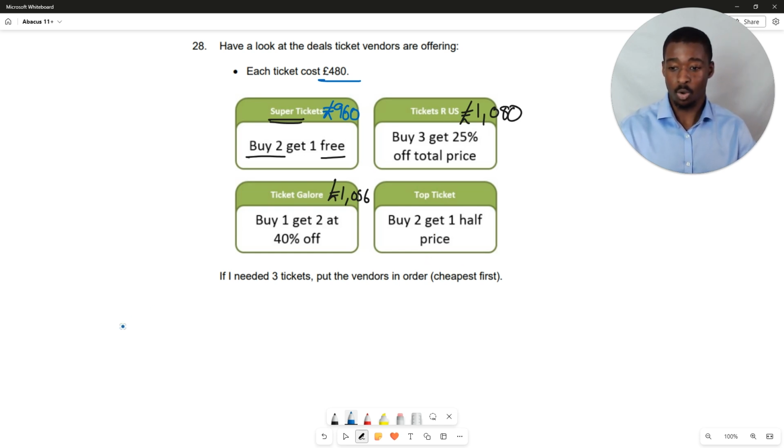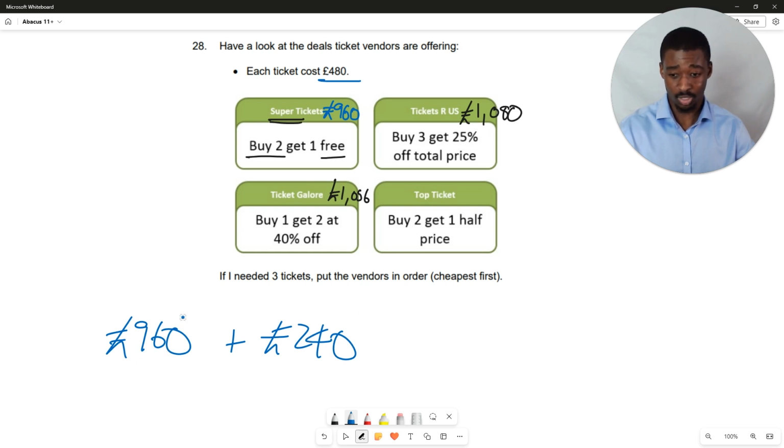So buy two, that will cost 960. Get one half price, which is 240. 960 plus 240. Well, it's going to be 1,100 if you do 900 plus 200. And then 60 and 40 is 100, so it's going to be 1,200. Mental maths. It will help you in your exam.